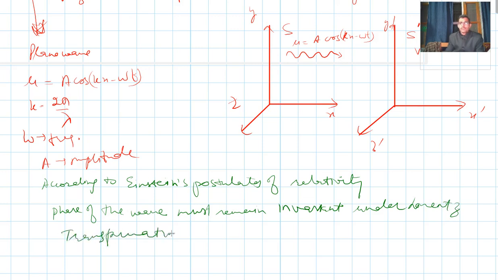So this is the phase in the rest frame, kx minus omega t, and in the moving frame the phase is k prime x prime minus omega prime t prime, and this phase should remain the same.